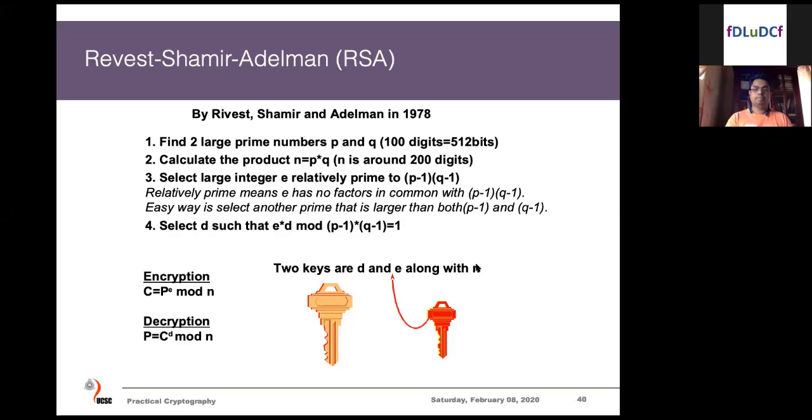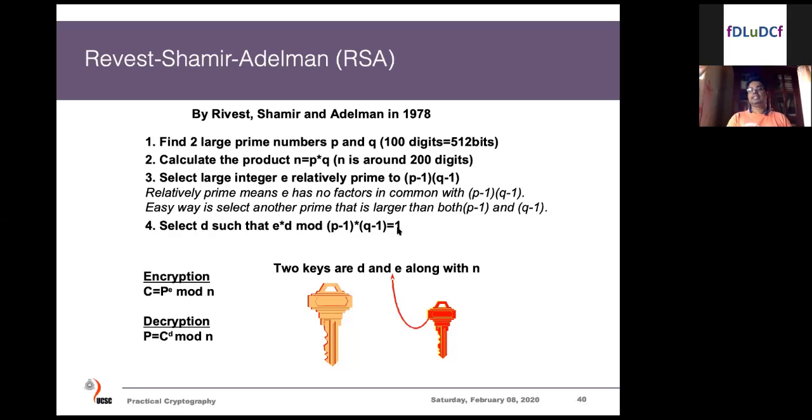That is, any public party who knows the public key also knows the N. So if this party can factor this N into the prime factors called P and Q, then they can know P minus 1 and Q minus 1. They already know the public key.